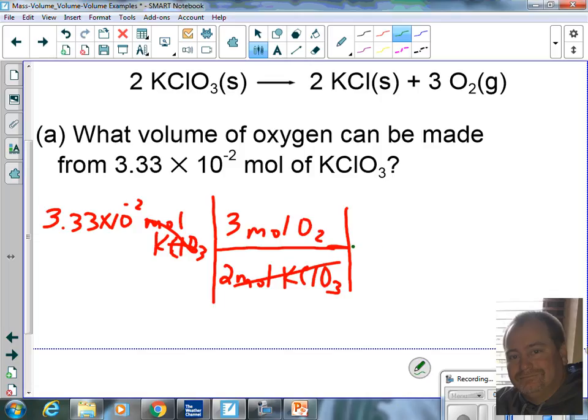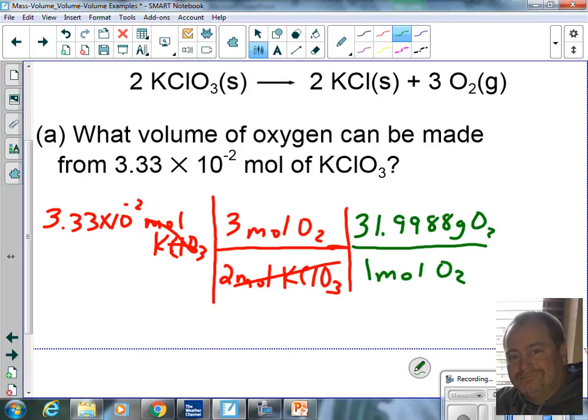I need to go to a mass of oxygen. Okay, oxygen is 15.9994. So what's that going to give me? 31.9988 grams of oxygen per 1 mole of oxygen.